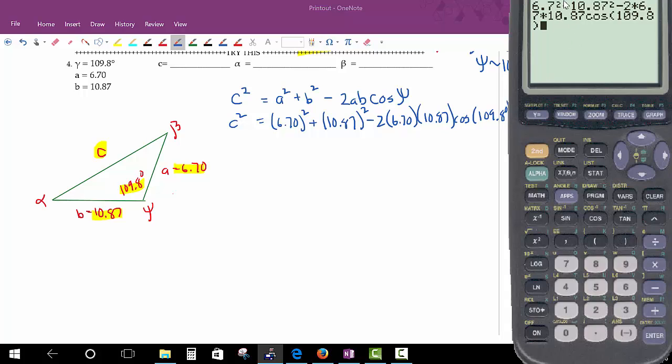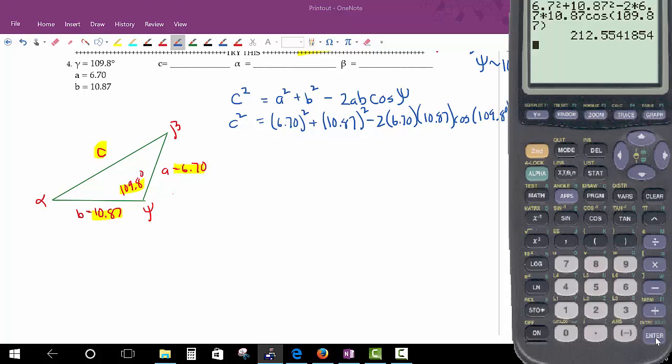Let's make sure I got that. I have the sum of the squares of the other two sides minus twice the product, and then the cosine of the angle in between. Now, I think I'm missing my parentheses maybe. You need to make sure you have that in there. I always try to double check what I have on my calculator.